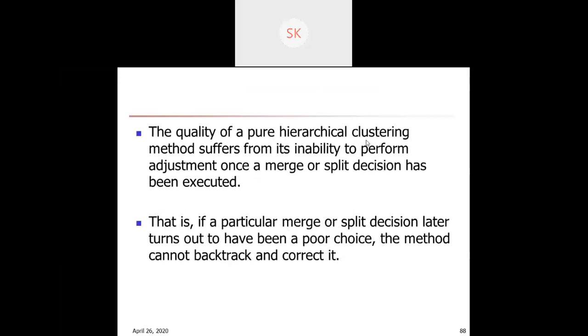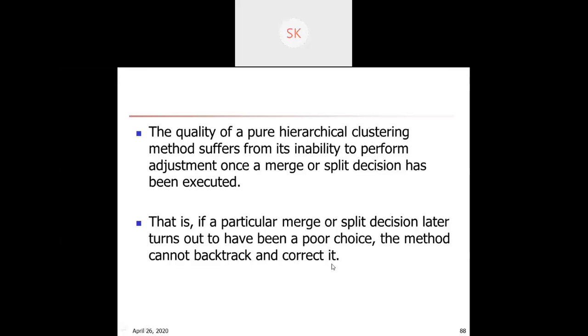The quality of pure hierarchical clustering methods suffers from its inability to perform adjustment. Once a particular merge or split decision is made, if it later turns out to have been a poor choice, the method cannot backtrack and correct it. Important: there is no backtracking, no recursion, no correction.